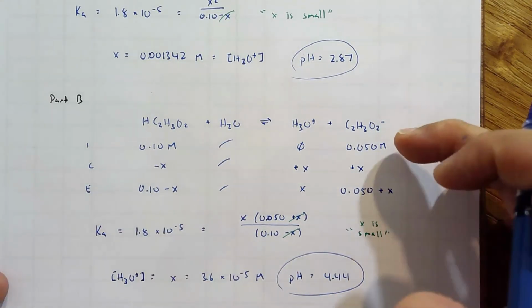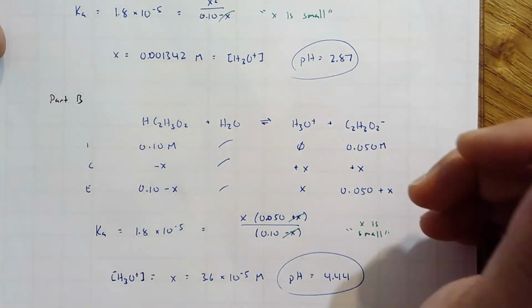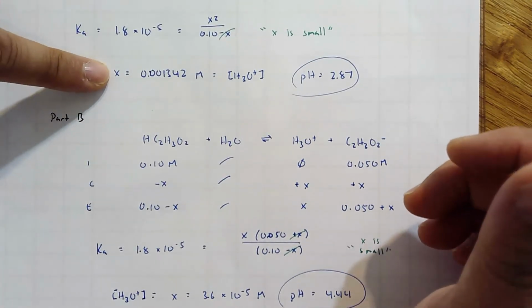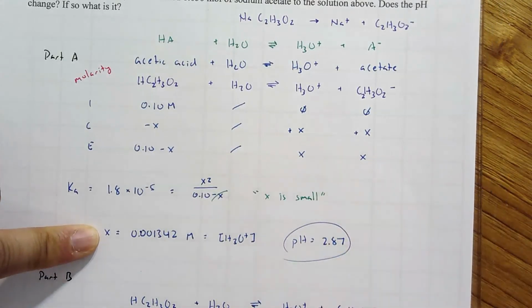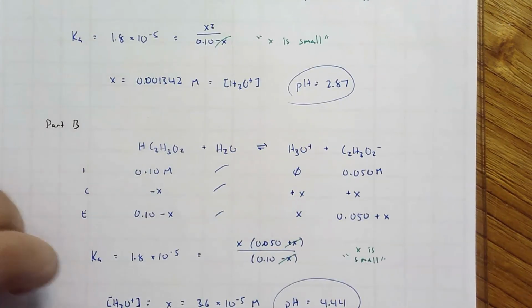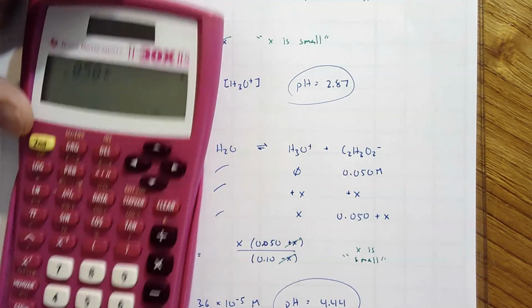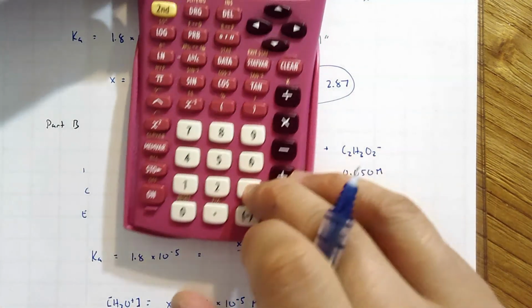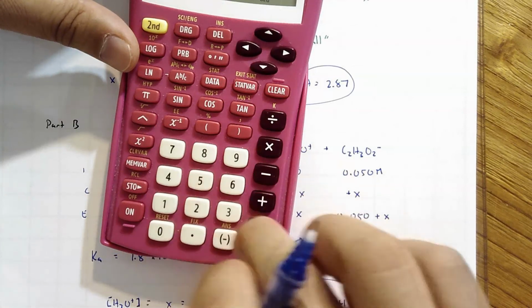Now what happened to the common ion? In the first part where we didn't artificially add it, we had still x, right? That x there is still 0.001342. In this case, we take 0.050 plus x, 3.6 times 10 to the minus 5.